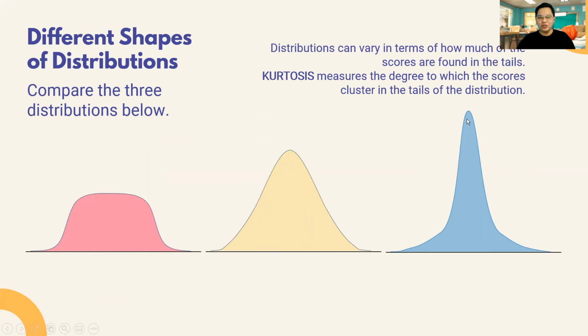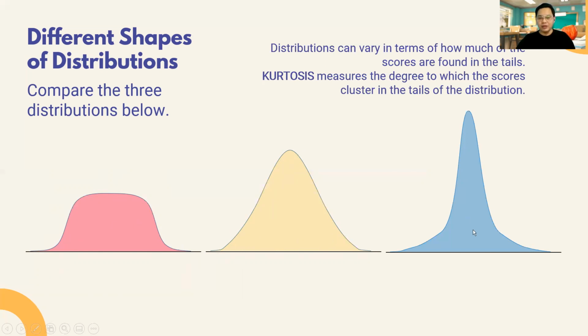So if we take a look at the tails of the distribution, notice, by the way, that all of these three distributions appear to be symmetric, right? But we are not interested in whether or not they are symmetric. What we are more interested in is how much of the scores, visually, can be found on its tail. So notice that if we use the yellow density curve as a point of comparison for the red and the blue one, we see that there is a much lesser number of scores that can be found in the tails of the red distribution when you compare it with the one in yellow.